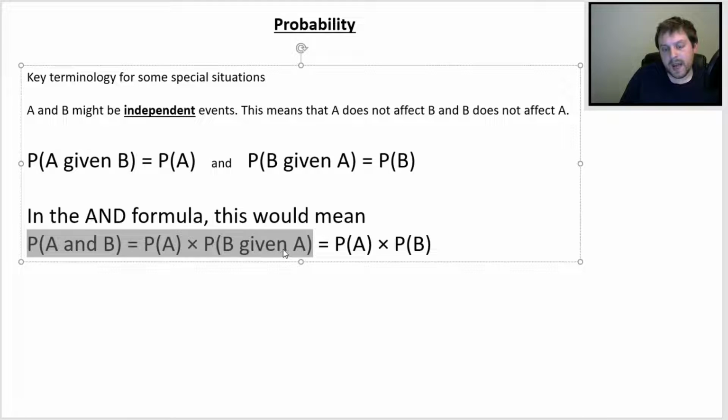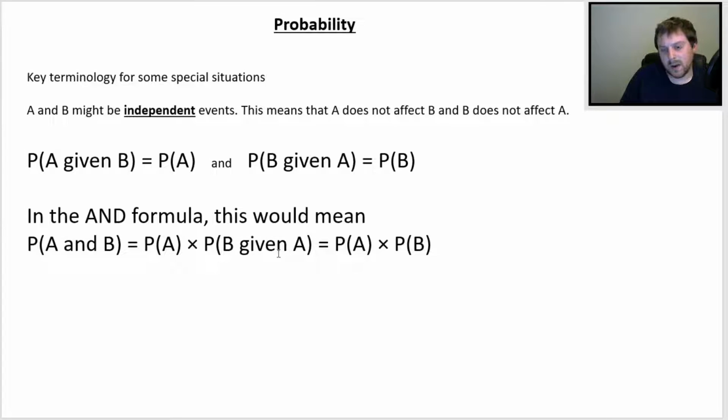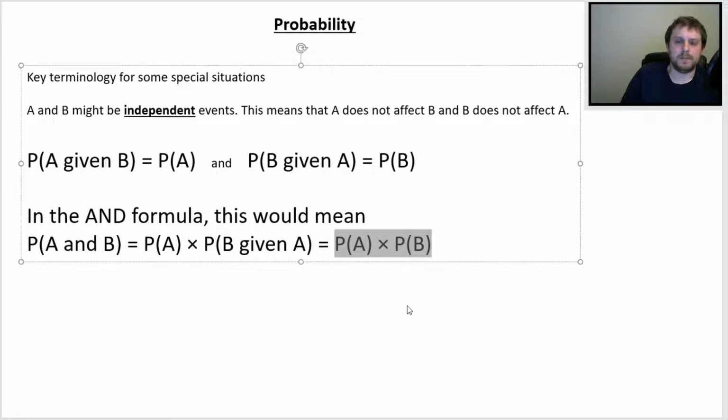But if knowing that we got heads doesn't affect the probability of B at all, it's still just the probability of B, it just tells you to multiply the probabilities together. So it would be a half times a sixth, a 12th.